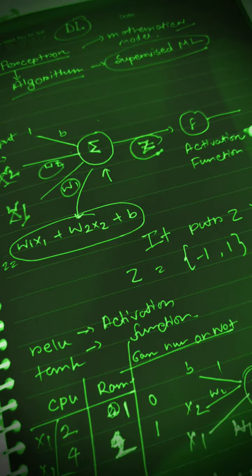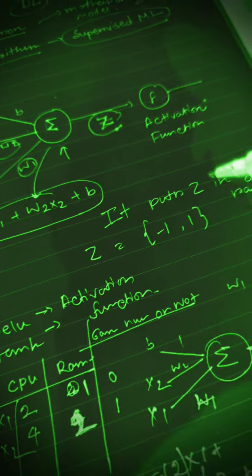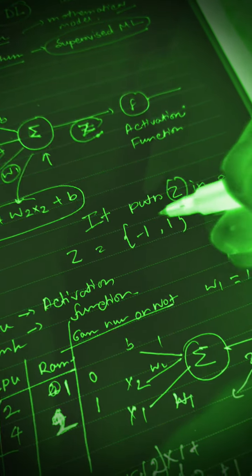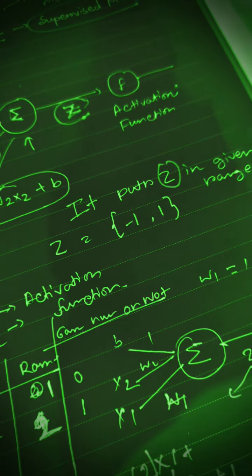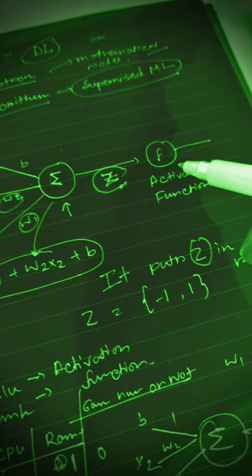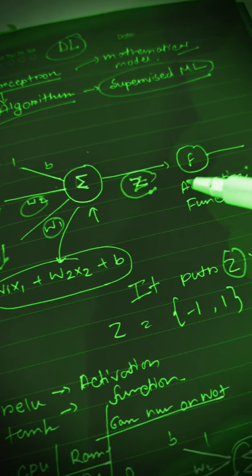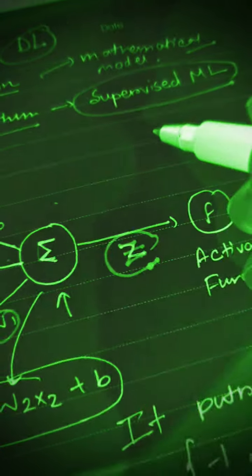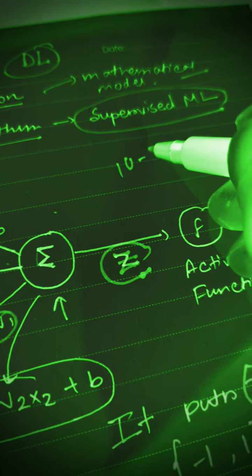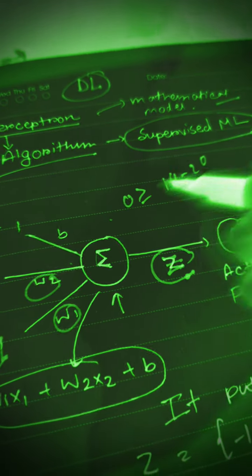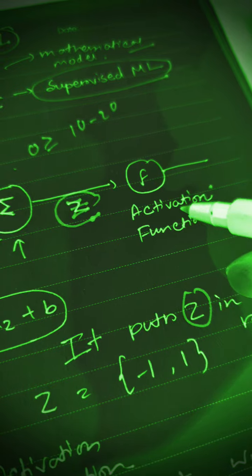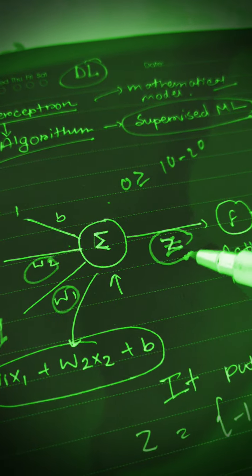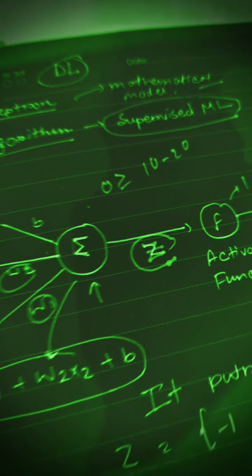What the activation function will do is put z in a range, like say -1 to 1. Let's say your output z is in an acceptable range of 10 to 20, which is greater than 0. Then this activation function will put this z into one category.